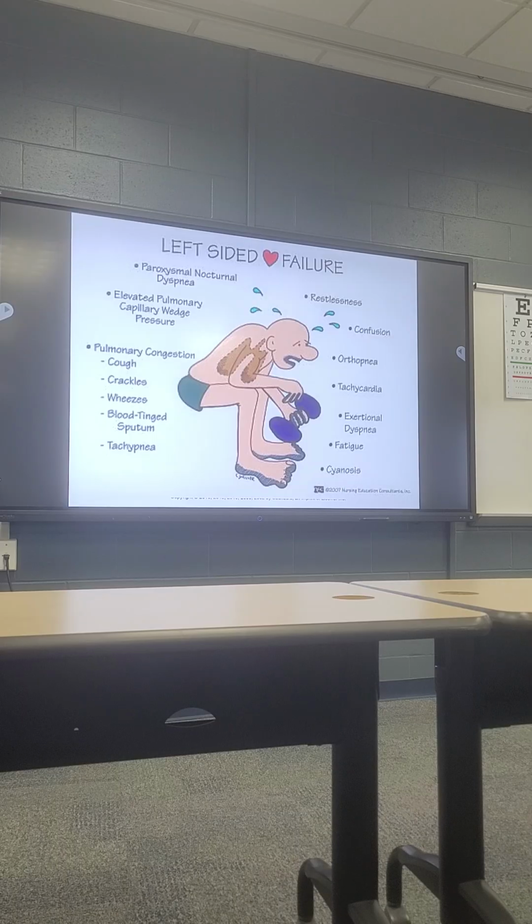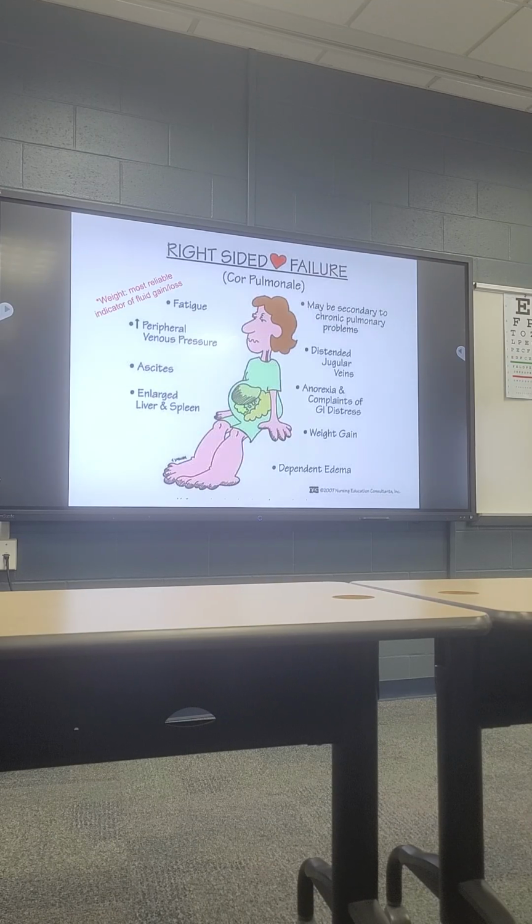Then we have our friend on the, let me go back through this way. Does anyone have any questions on why something would happen here? I don't see any on here, that's okay. So then we have right-sided. So there are no lung problems with her, but she's still fatigued. We have ascites because now the blood is getting backed up into the body.